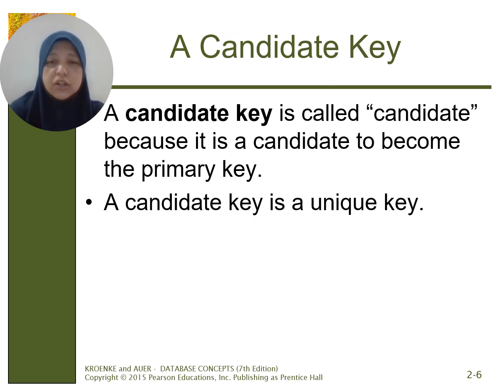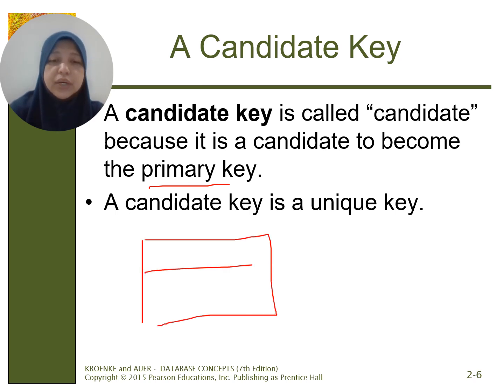A candidate key is called a candidate because it is a candidate to become the primary key. You will learn this probably in chapter 4 or chapter 5 about the normalization process. In one table, you can have more than one key.